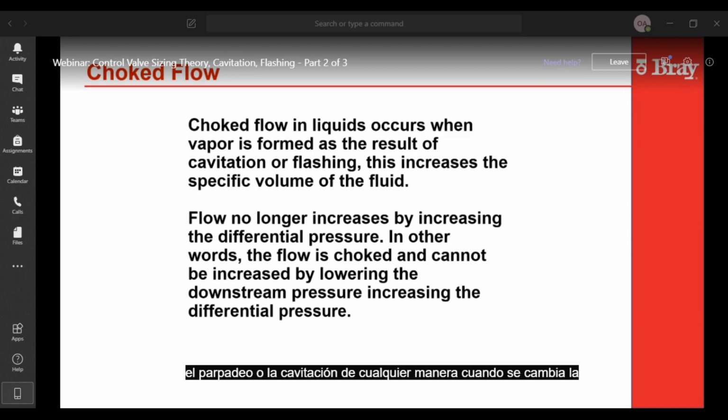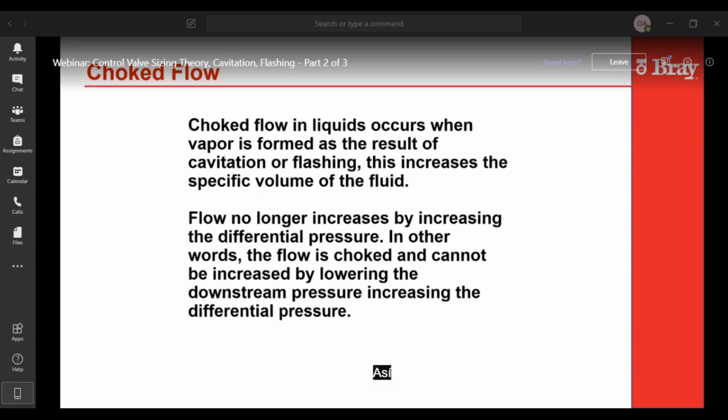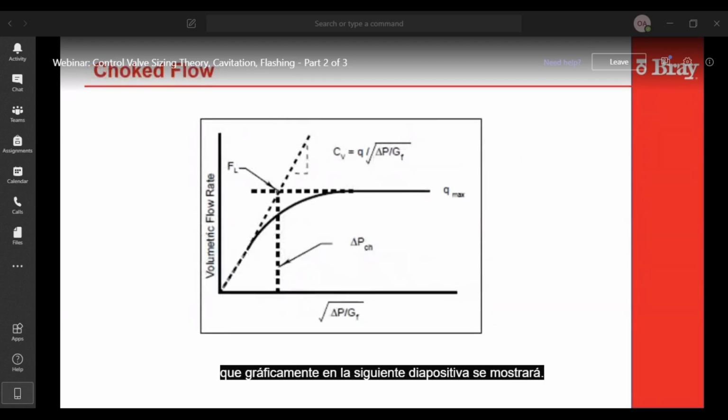Either way, when you change phase from liquid to gas, the gas is much higher volume and will consume the area in the throat of the valve that you want to pass fluid through. So graphically on the next slide we'll show. So it's all determined by the recovery factor of the valve, or at what point your flow is choked.